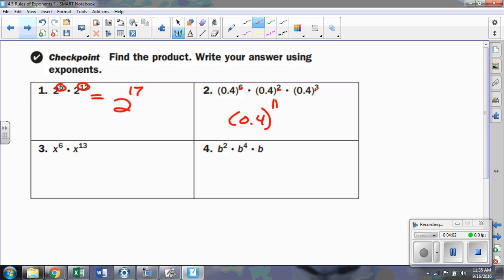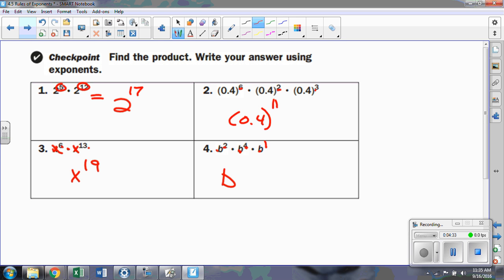And it works just as well for variables. X to the 6th times x to the 13th, and we just need the exponent. 6 plus 13, we're done. B squared times b to the 4th times b, just add the exponents. 2 plus 4 plus the unwritten 1.